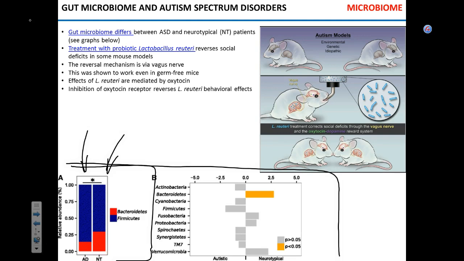You see that in patients with autism spectrum disorder, the firmicutes population is much higher than in neurotypical patients. Neurotypical is the term that describes people without autism spectrum disorder. Does that make sense? The graph on the right shows the only significantly different population, bacteroidetes, which is significantly higher in neurotypical patients than in autistic patients.